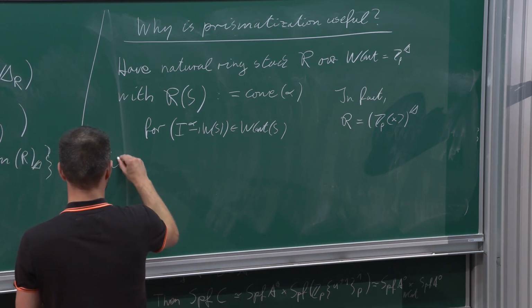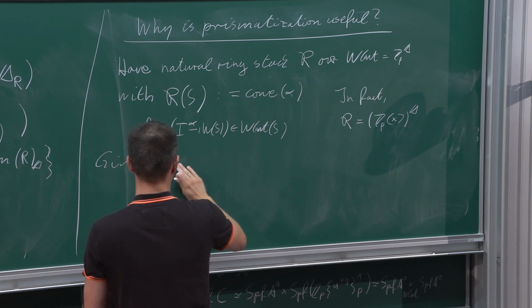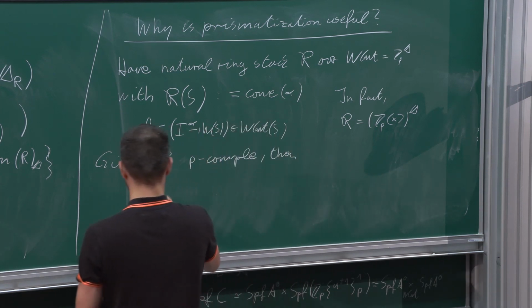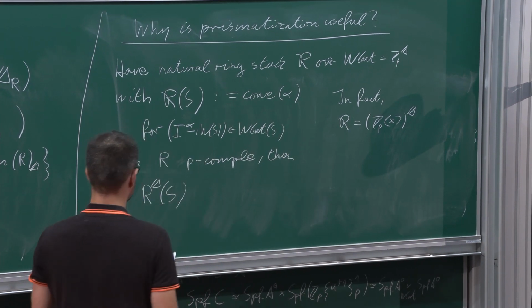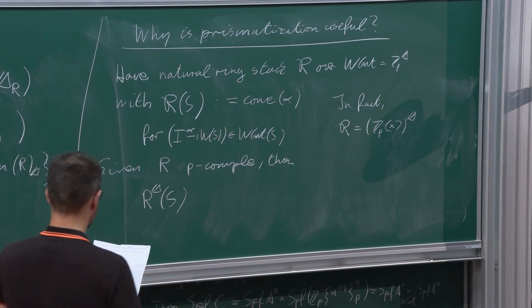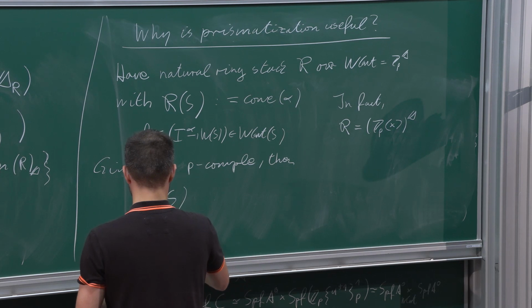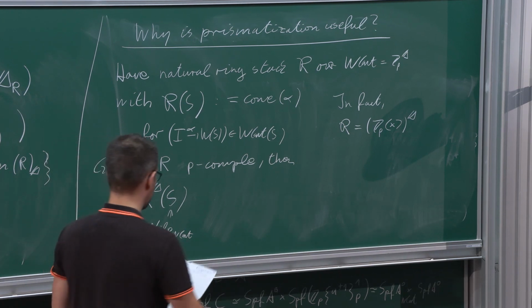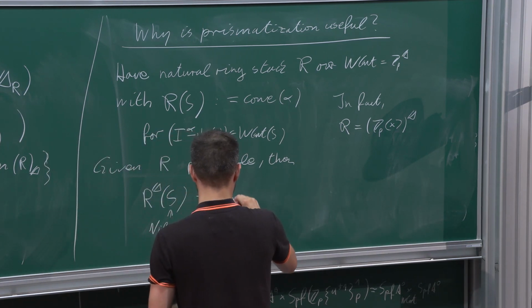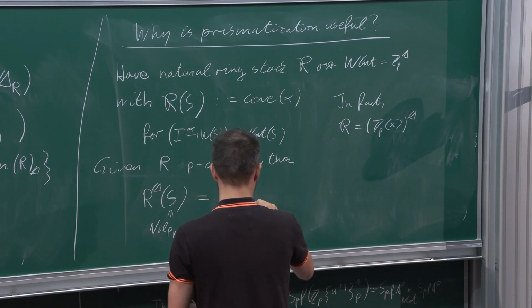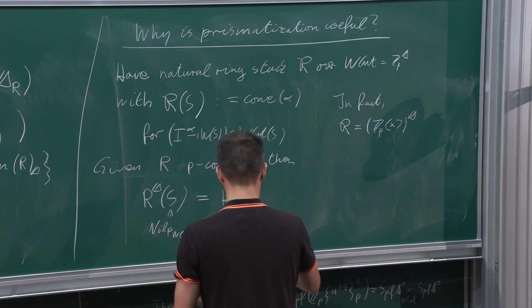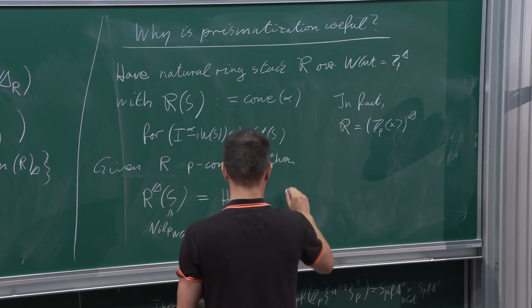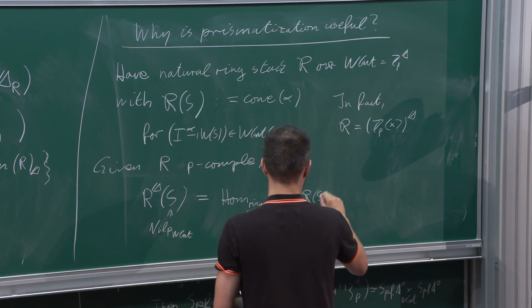And so now, given R, the prismatization of R evaluated on S, where S is now some p-nilpotent ring with a morphism to W-curve, is just determined by this ring stack, namely, and this is just the definition, we take the morphism of ring groupoids from R to R evaluated at S.